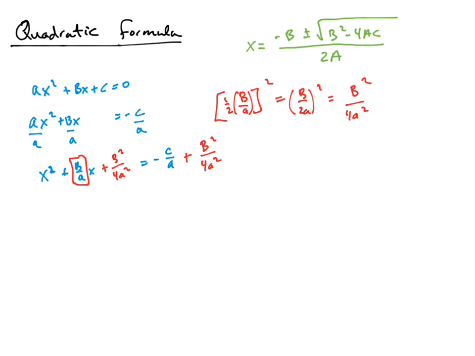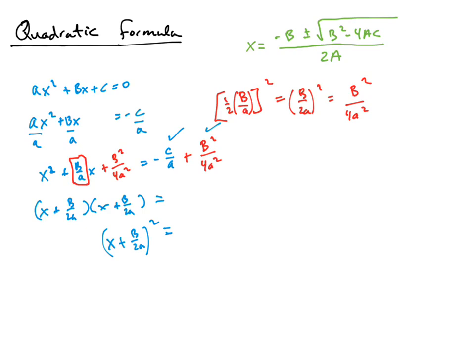Now, the whole reason we do that is because this now is going to factor as x plus b over 2a, which means x plus b over 2a squared is equal to, well, on the right-hand side, we need to get a common denominator between these two fractions. So what we need is a 4a in the denominator on the left side.